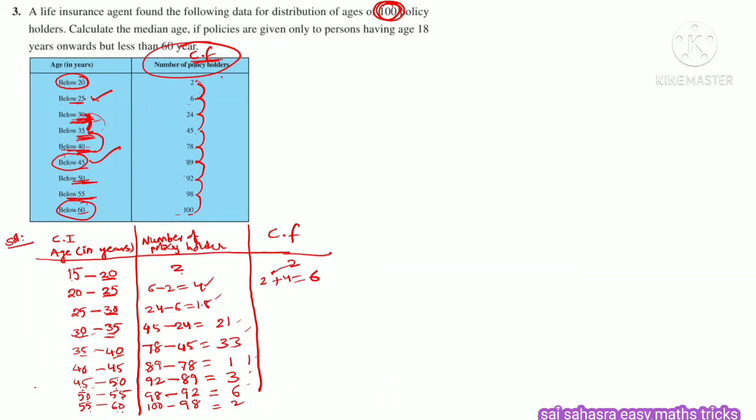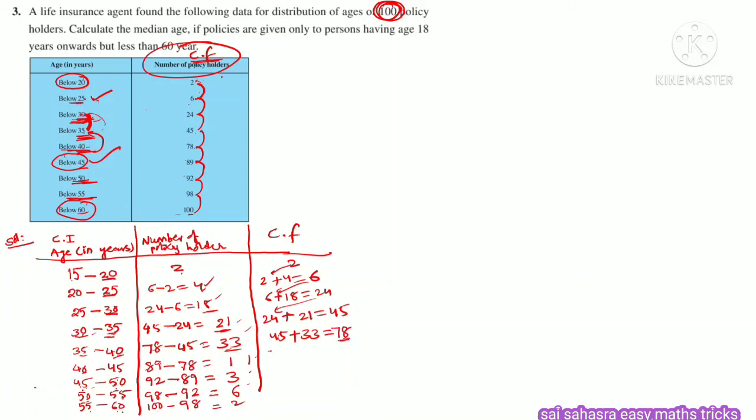Next, previous number is 6 plus this number 18, that is 24. Next, previous number is 24 plus in this line frequency 21, that is 45. Next, previous is 45 plus in this line 33, 45 plus 33 is 78.